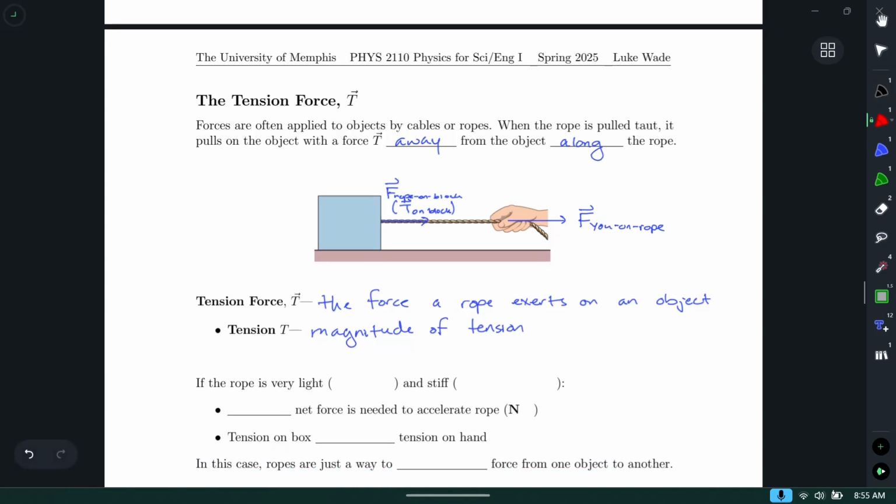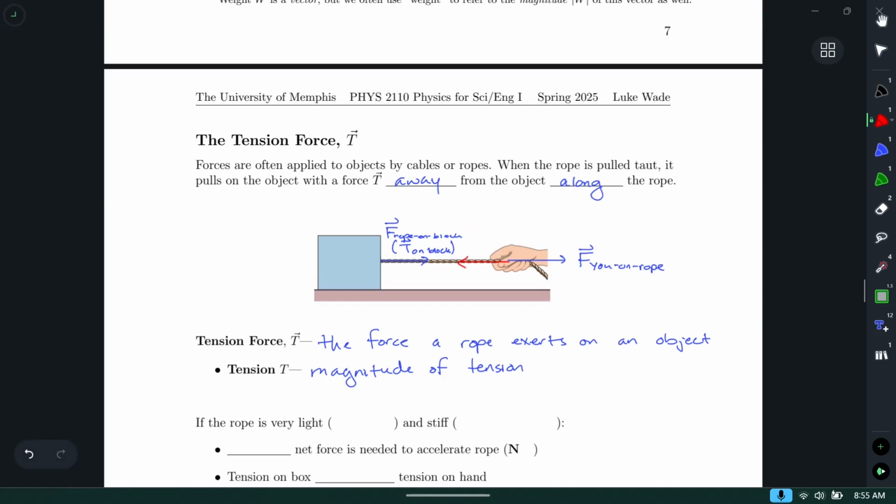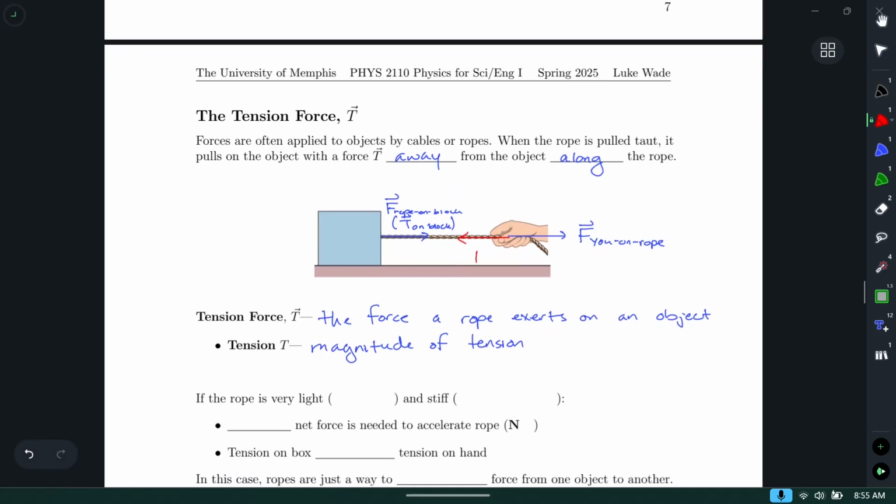Let's start with the third law. So I know that when I pull on the rope, it pulls back on me. Those are always equal in magnitude because of the third law.